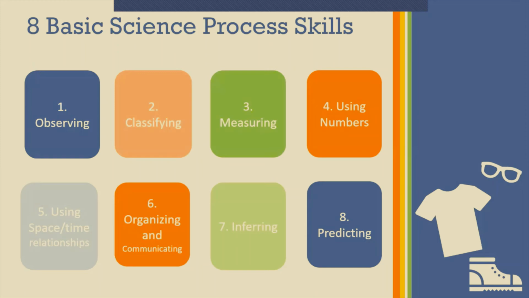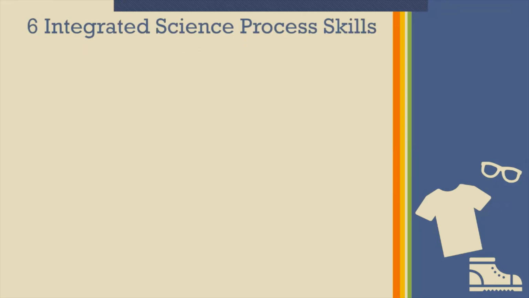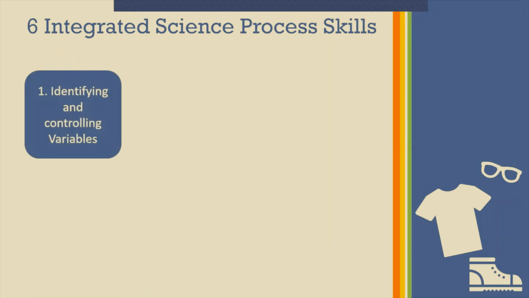Now let's take a look at the 6 integrated science process skills. The first one is identifying and controlling variables.